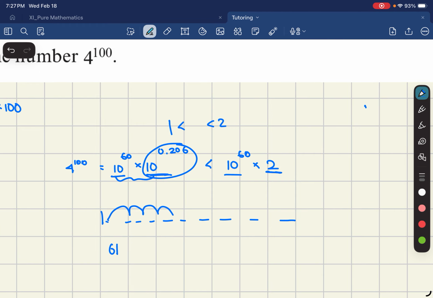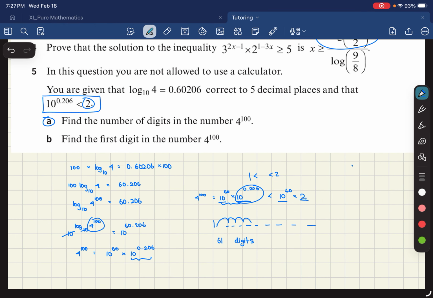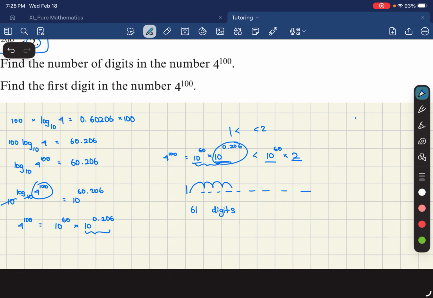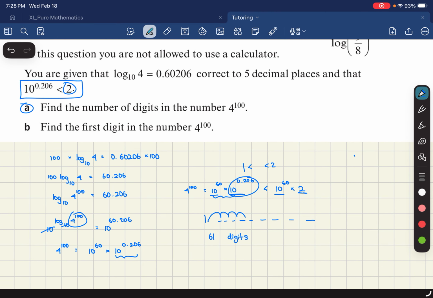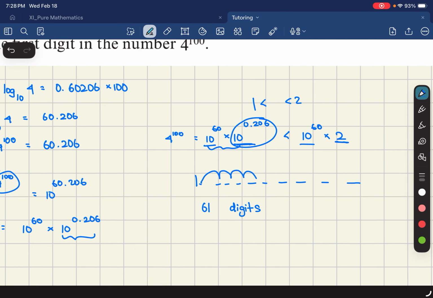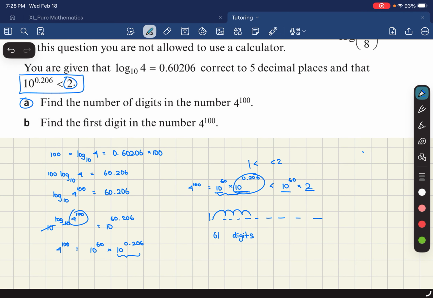So you're going to have 61 digits, I believe. And the first digit is going to be 1.